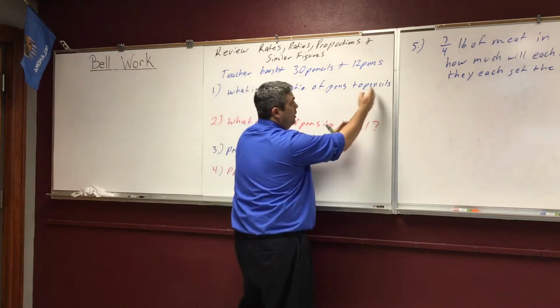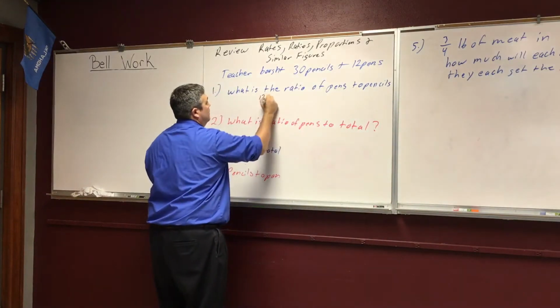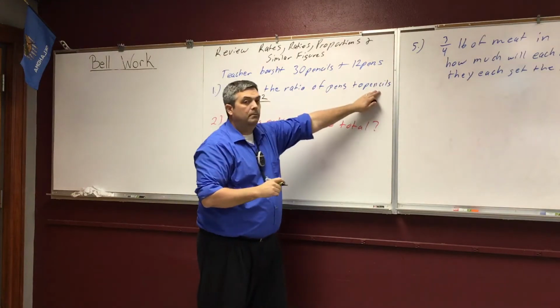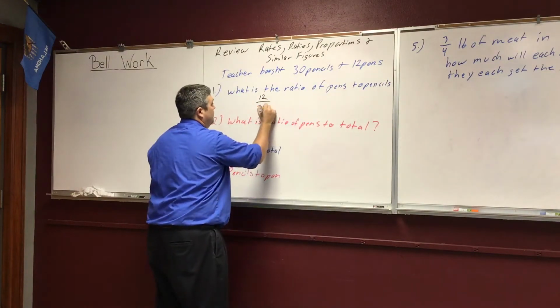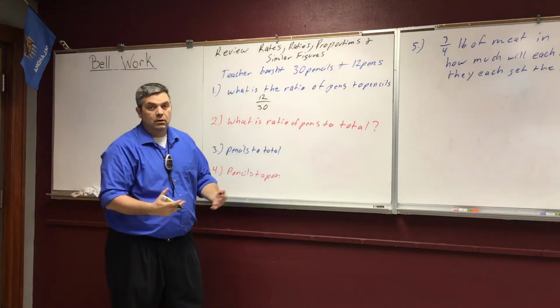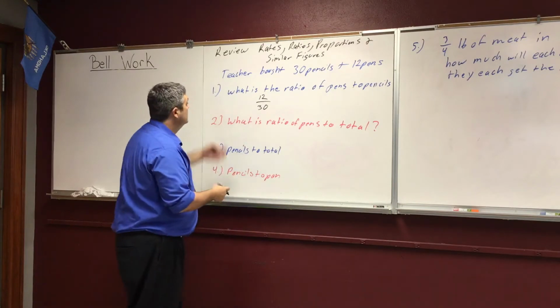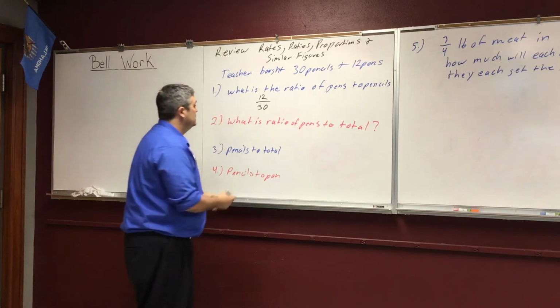Pens to pencils. So pens on top, over pencils. But then you got to check, does this reduce? And if it reduces, you need to reduce it because it needs to be in its simplest form. So 12 over 30, it reduces.